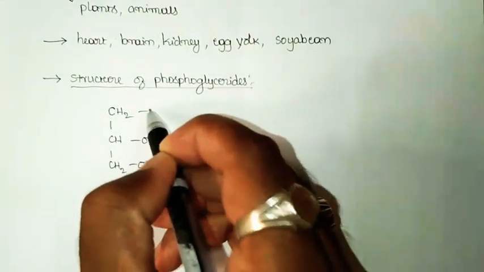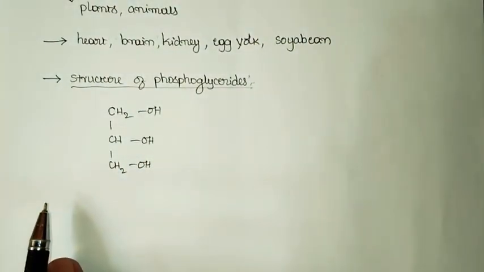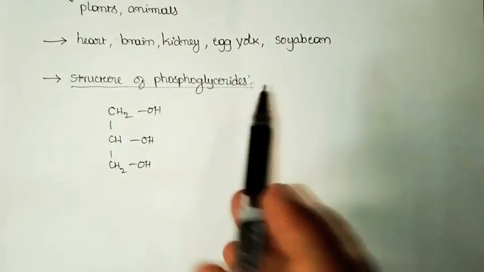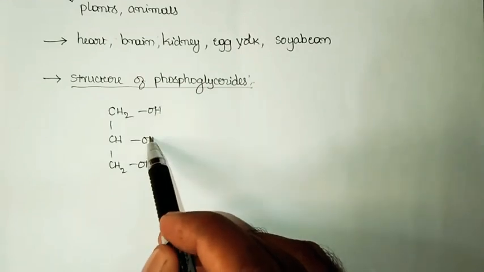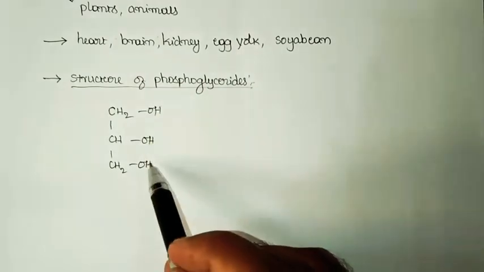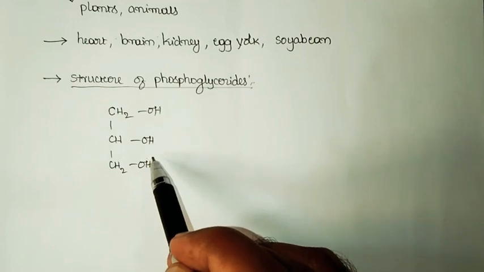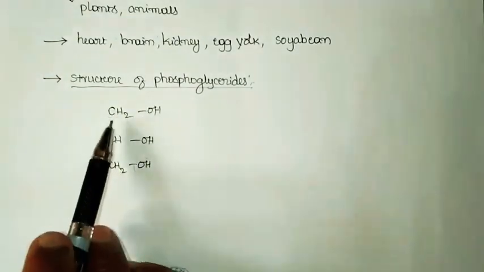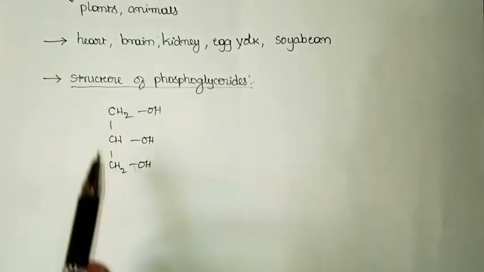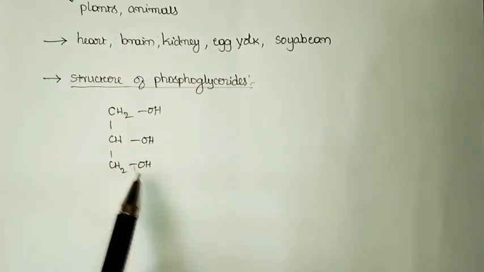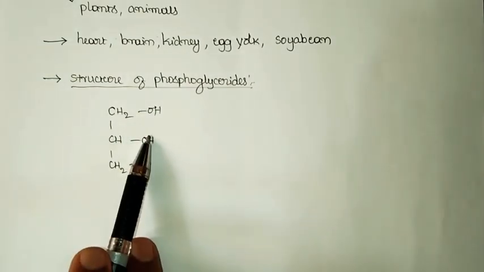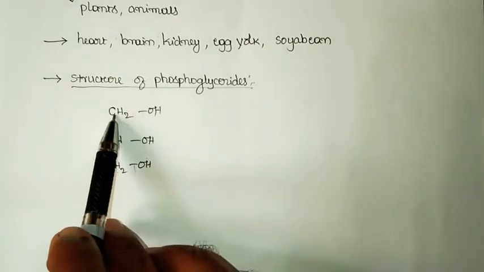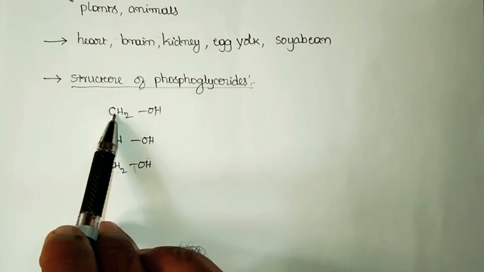Among the three OH groups, especially in phosphoglycerides, two OH groups will be replaced by fatty acid molecules, and one will be esterified with phosphoric acid. That means a phosphate group will be there. The first and third positions both have primary alcoholic groups, and the middle one is a secondary alcoholic group.